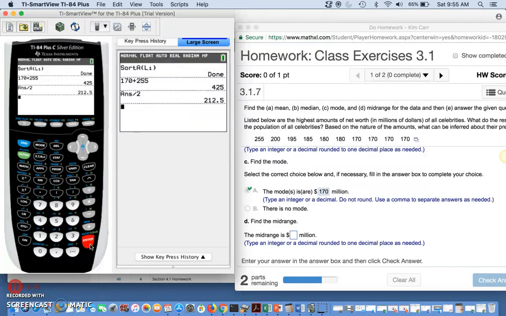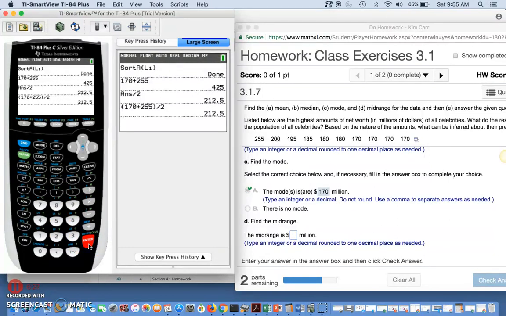Or I could have started with a parenthesis and said 170 plus 255 and then divided by 2.